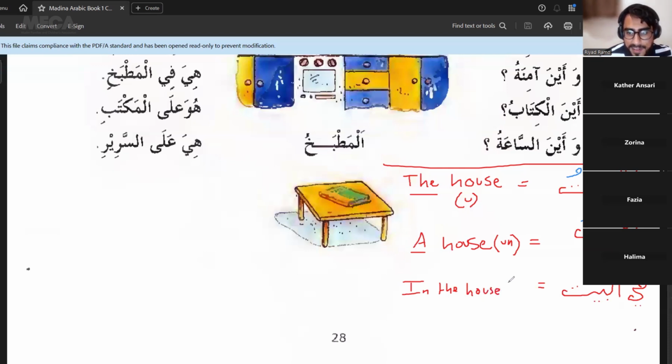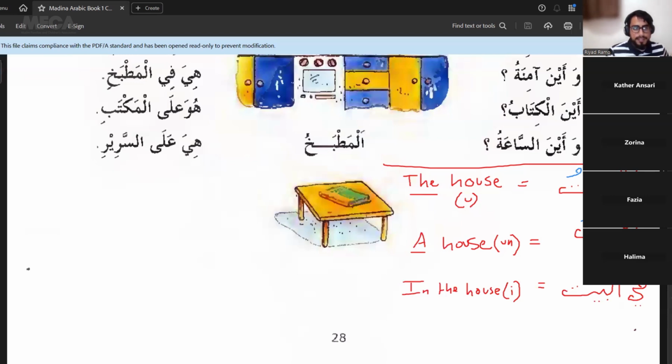Fi al-bayti. Right. One thing is we always connect, just like when we say Quran, right? We always connect the harakats together. Same thing here. We must connect it. Fil. Fil al-bayti. No, fil bayti.